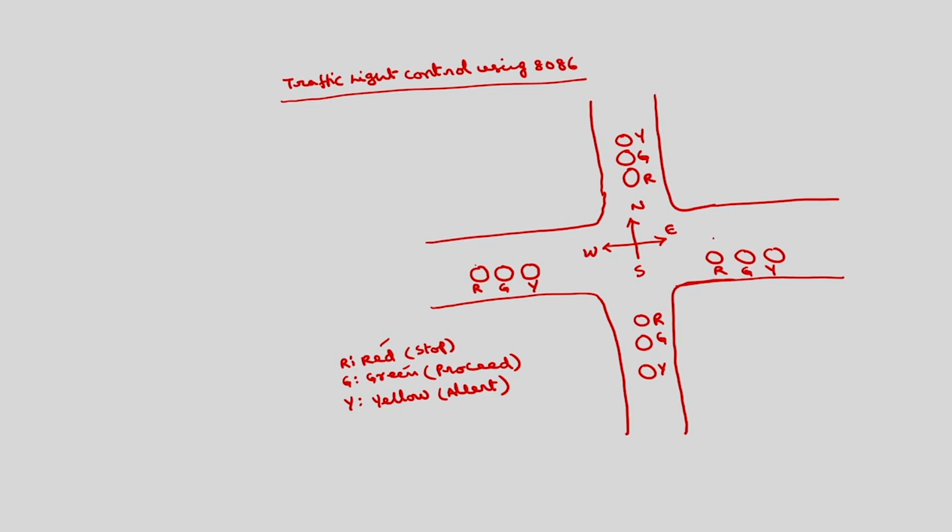Suppose I want to connect this to PA0, PA1, PA2. If I want to connect this to PB, you can write PB2, PB1, PB0 in similar order.